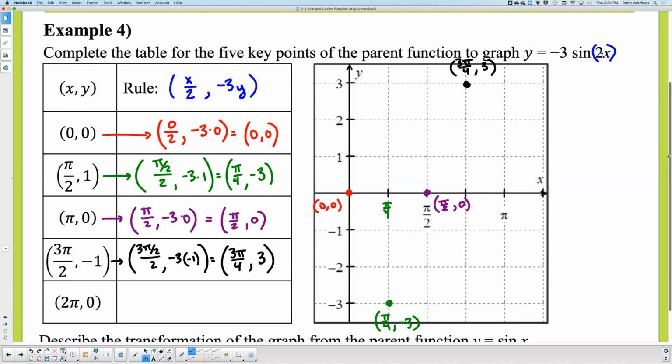Last but not least, I take 2 pi and I divide it by 2. And we take negative 3 and we multiply that times 0. What's 2 pi divided by 2? 1 pi. And negative 3 times 0?